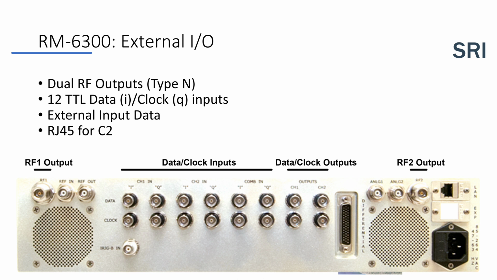Each output can be individually controlled for frequency, modulation, power level, etc. This is enabling concurrent testing scenarios with varied signal conditions. You've got N-type connectors for those dual RF outputs.